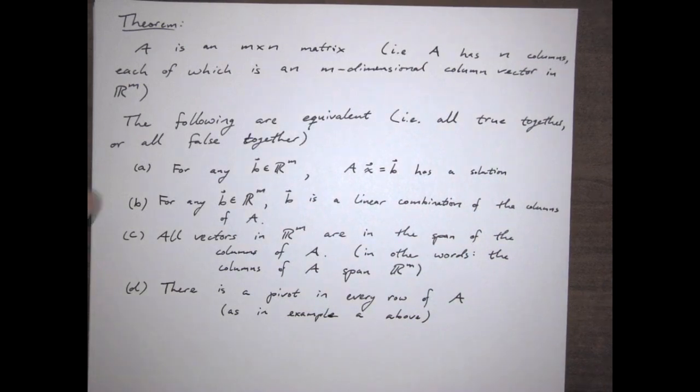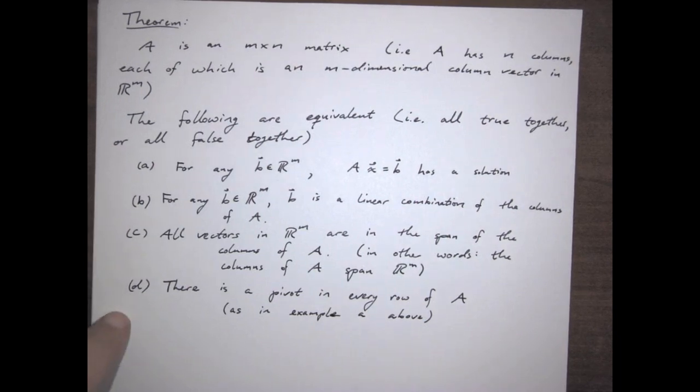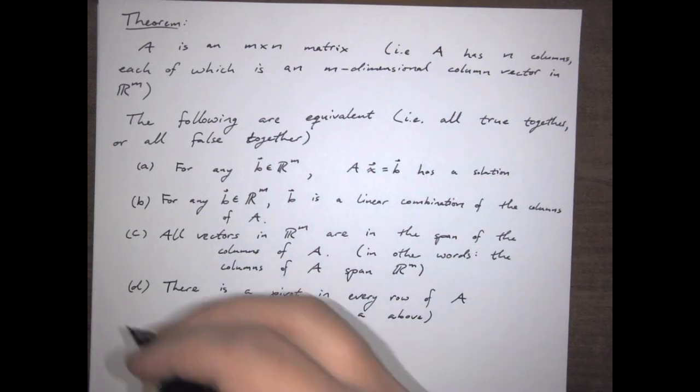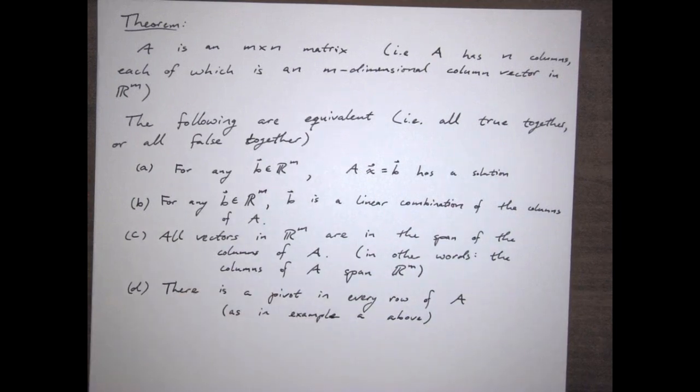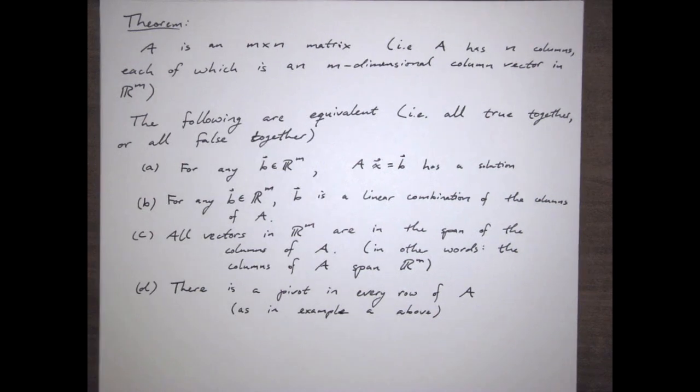So these three facts are all just different ways of wording the same thing. And this is what we discovered with our pair of examples above. What it takes for these things to all be true is that we need to not be able to get a row of zeros followed by a non-zero when we row reduce. So there has to be a pivot available for every row of A.